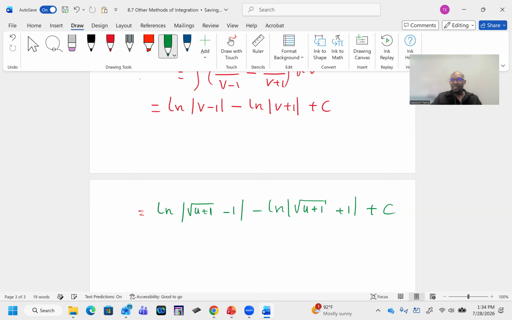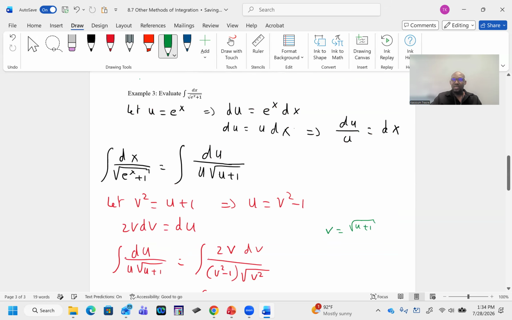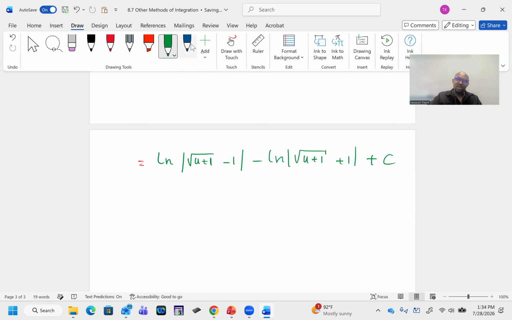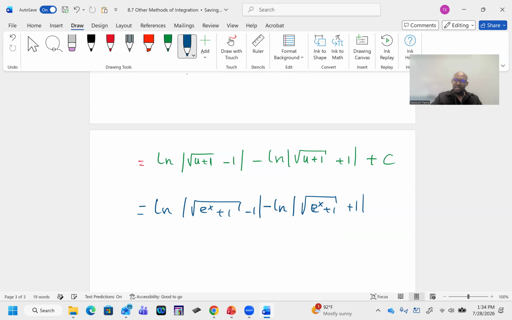But since in the first substitution we said u is e to the power of x, we substitute e to the power of x for u. So my final answer is ln absolute value of square root of e^x plus 1 minus 1, minus ln absolute value of square root of e^x plus 1 plus 1, plus c.